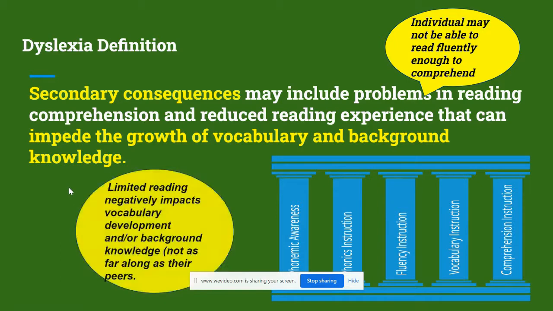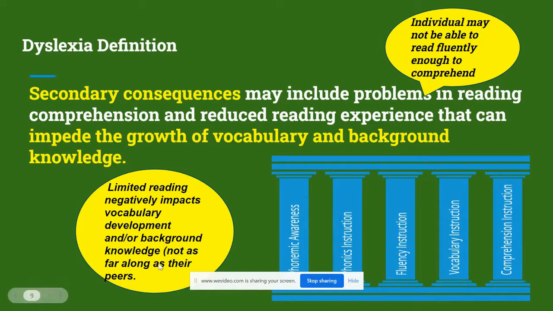The very last part of this definition basically is saying, and we know as teachers, again, that limited reading negatively impacts vocabulary development and background knowledge. Students that have limited reading abilities, there's a gap there, right, that widens as students venture through the grade levels.